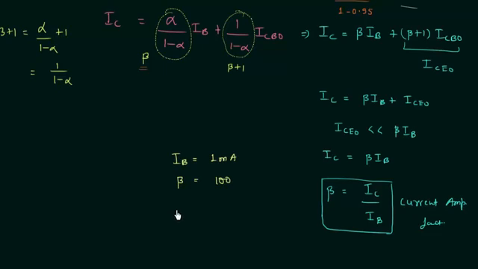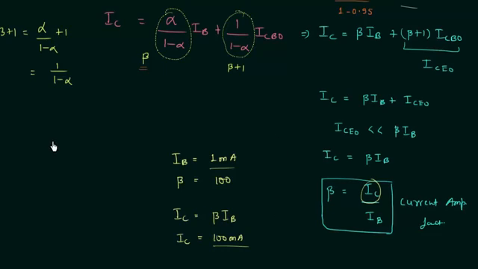Then we have to calculate IC, the output current. So IC is simply equal to beta times IB. So IC is equal to 100 milliamps. The input current was 1 milliamps and the output current is equal to 100 milliamps. So there is amplification of the input current, and generally transistors work as voltage amplifier, but the common emitter configuration works as the current amplifier.